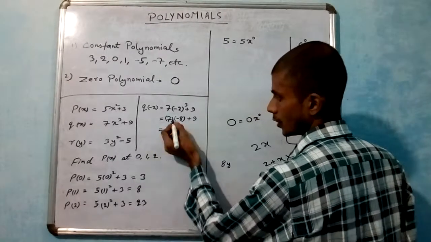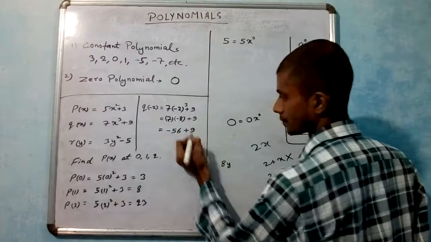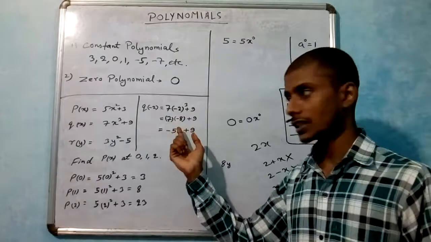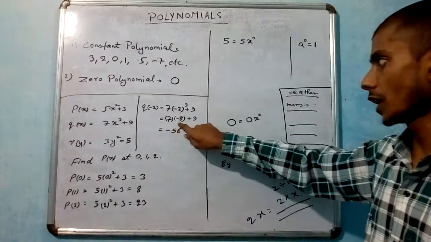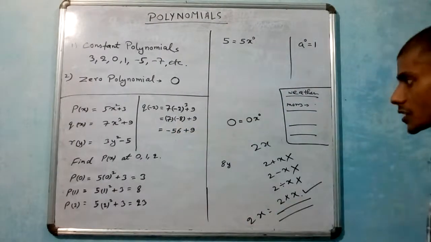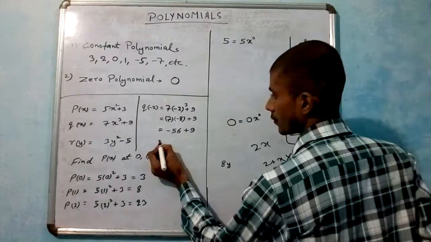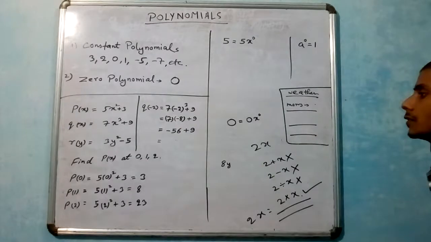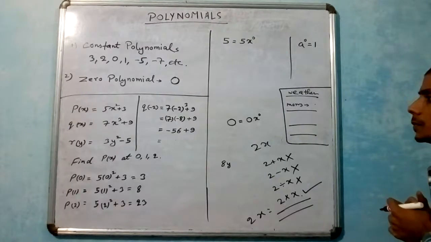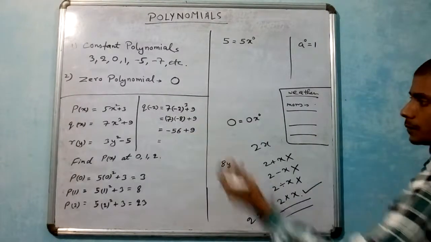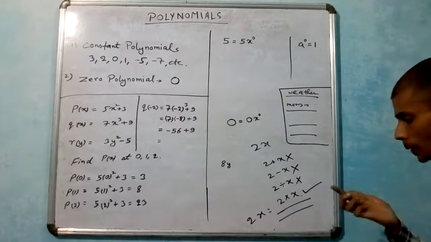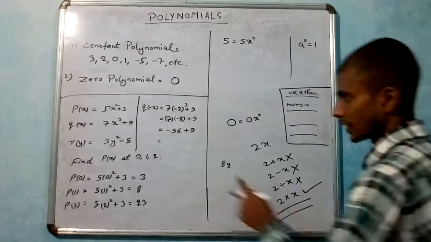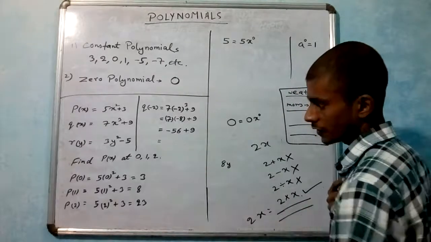Okay, minus 56 plus 9. All multiplication of the two numbers along with their signs, everything we have seen. Okay, so now we have to focus, taking consideration everything. Now, next what? We have to find the difference and use the greater number sign.